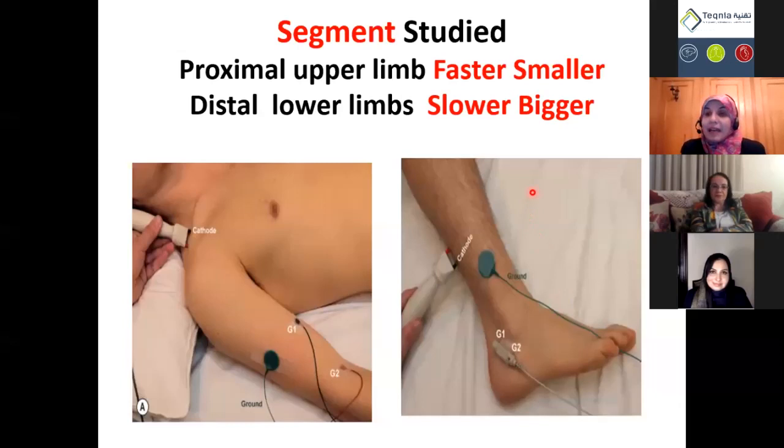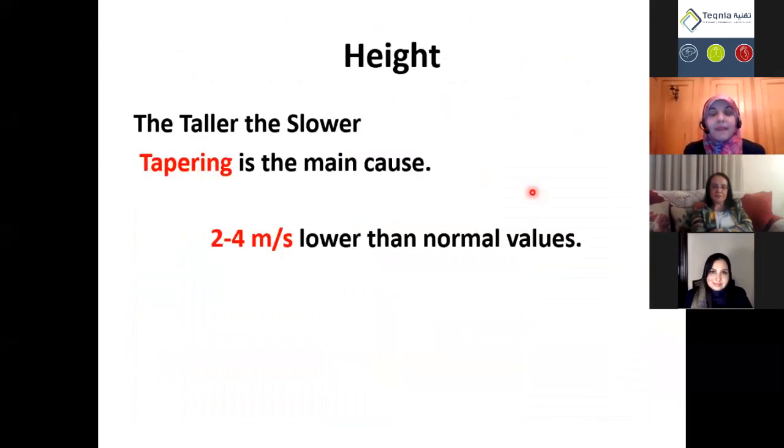Also, there is a temporal dispersion phenomenon. It is not the scope of this lecture. As the potential travels along a distance, it gets smaller due to phase cancellation and electrical phenomena. You can check it.